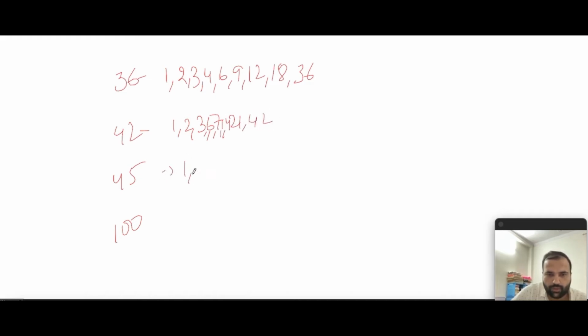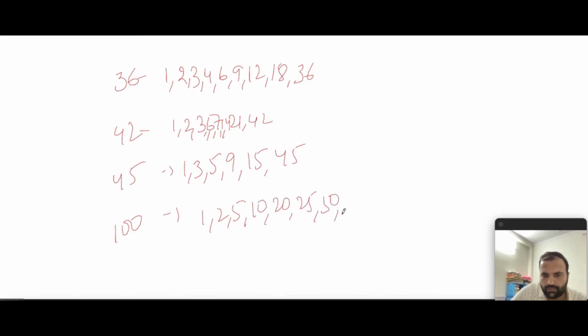With 45: 1, 3, 5, 9, 15, and 45. With 100: 1, 2, 4, 5, 10, 20, 25, 50, and 100. I'll check if it is right or not later on.